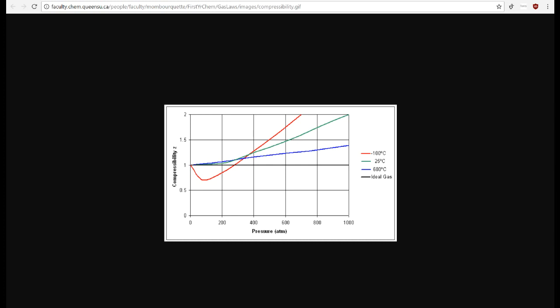That's the pressure, and it goes from 0 to 1,000. So this is over a huge range of pressure, 1,000 atmospheres. That's what we're measuring deviation from ideal behavior on, at hundreds of atmospheres. So one of the big takeaways here is that at typical temperatures and pressures, you can expect most gases to behave pretty closely to the ideal gas law.